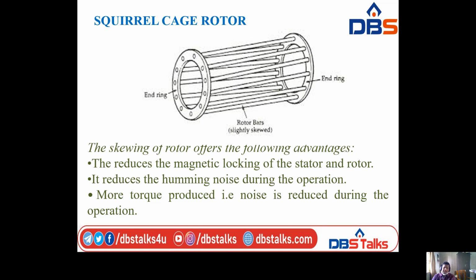Because of this inclination of conductors with some angle, suppose below 40 degrees, in between the two end rings, you are getting the unidirectional torque. Mainly it will reduce the magnetic locking of stator and rotor. Magnetic locking is nothing but the saturation of the magnets, and that is reduced.